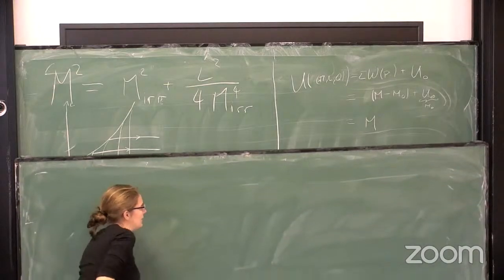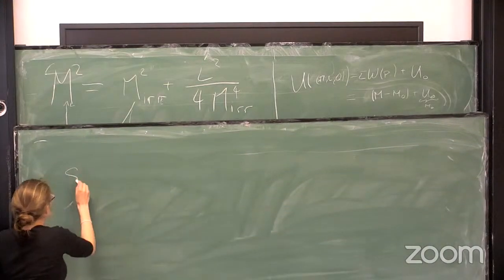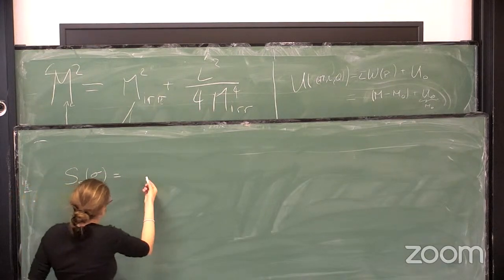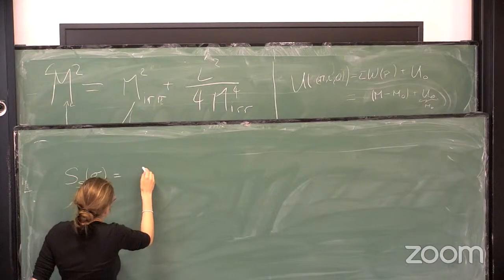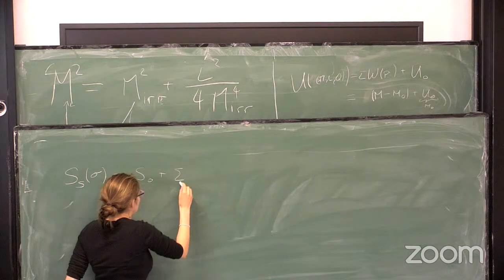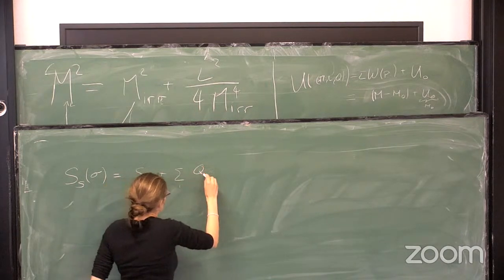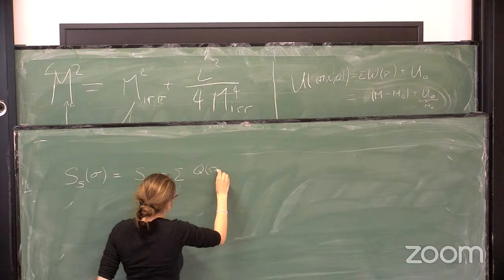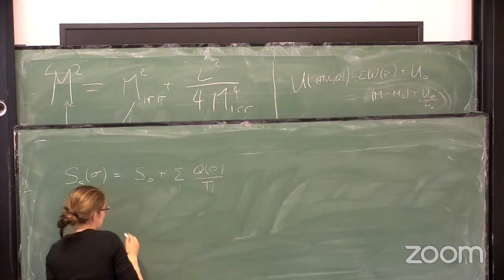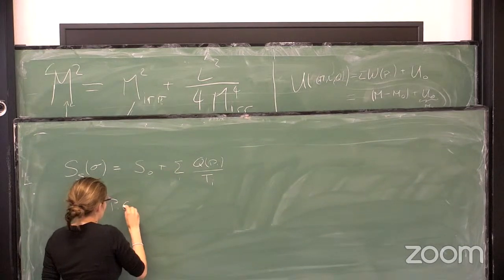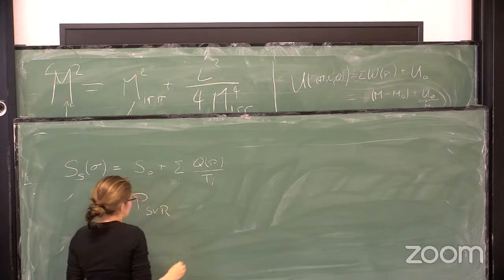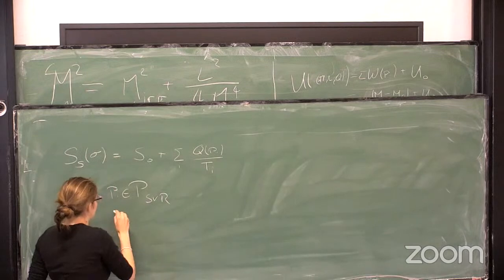The entropy of any system is given by the entropy of your reference state plus the sum over the heat during the processes P_i divided by the temperature, where each process P_i is the process which acts on your system and the reservoir. So what you do, and it's reversible.